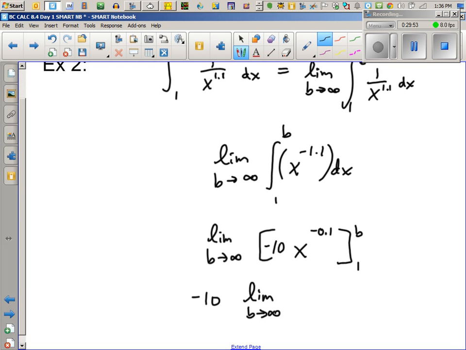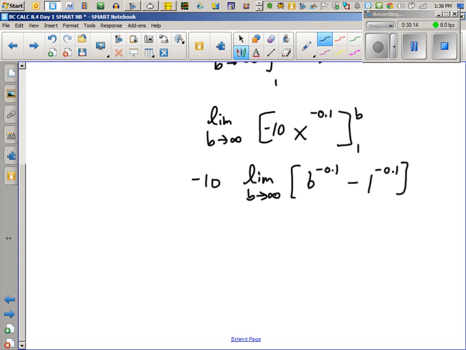Wait, you can do that? Yes. You can pull it out of both integrals and limits and parentheses, so we're good. This is b to the minus 0.1 minus 1 to the minus 0.1. I've already plugged in the b and the 1. Okay, so this is my answer.